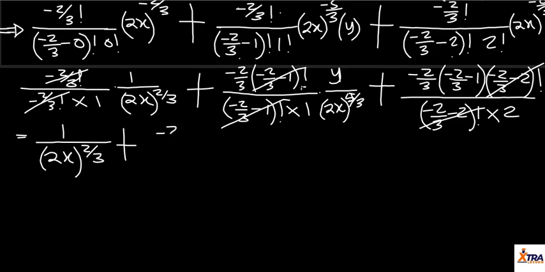We're having minus 2 over 3y all over 2x raised to the power 5 over 3.